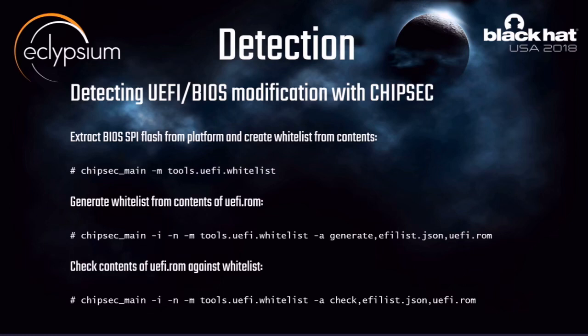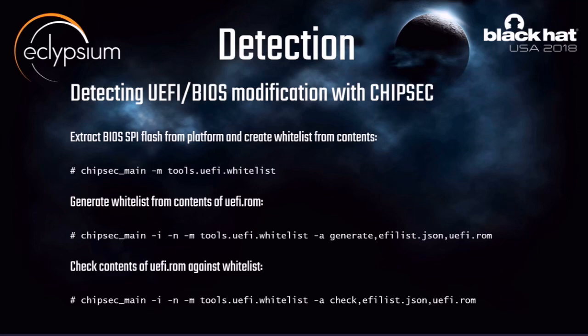So when you buy a new system, if you believe it hasn't been tampered with yet, hopefully you didn't have a supply chain compromise along the way. But if you think it's in a known good state, you can generate a whitelist using this second command line here, which will parse all of the firmware volumes and generate hashes for all of the images in the UEFI binary.